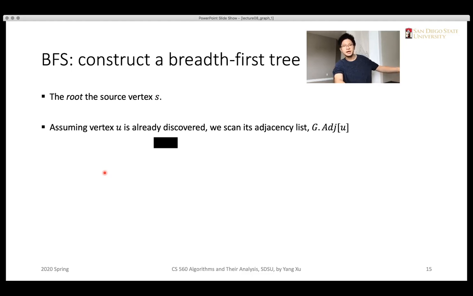Then we can scan its adjacency list by accessing G.adj, the adjacency lists, and we use the index U to access the corresponding list that contains all the adjacent vertices of U.